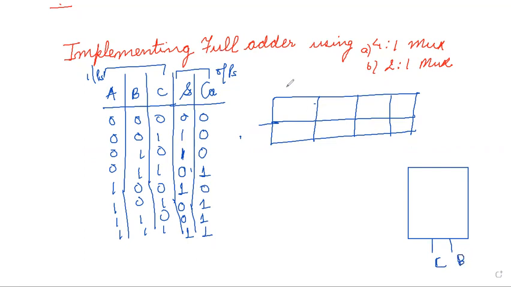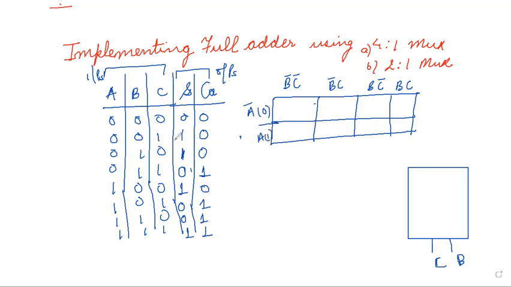Okay, so now I have to reduce the values of output in the combination B bar C bar, B bar C, B C bar, and B C from the truth table. Here I consider it to be A bar, and here it is A. That is when A is 0 and when A is 1.